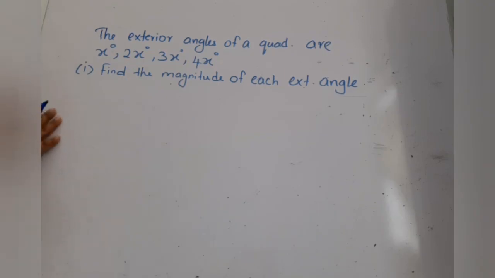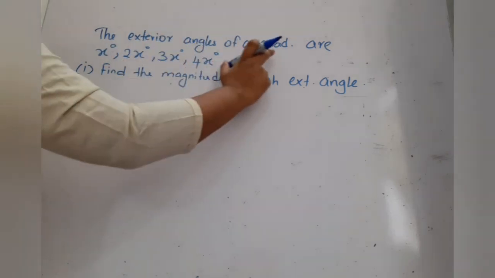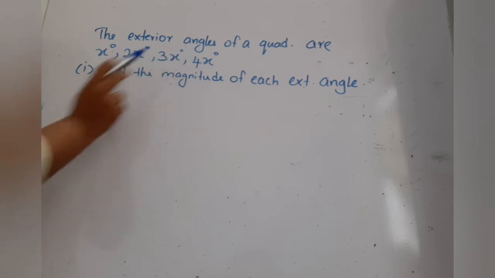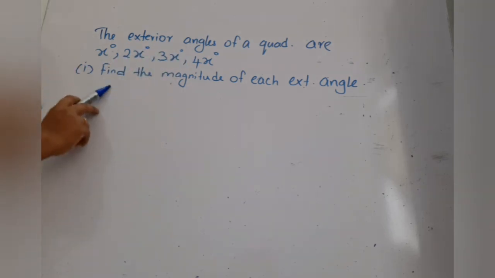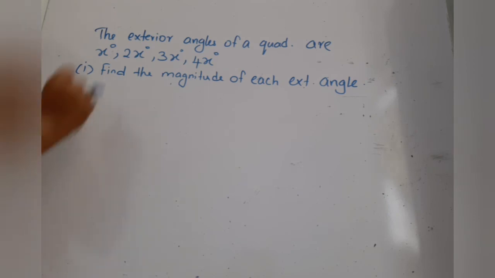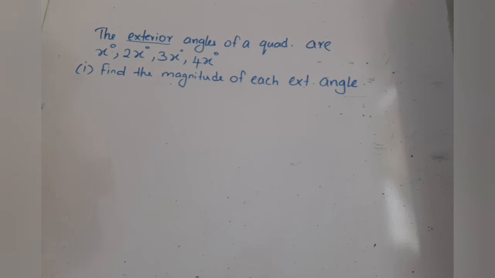So this is another question extracted from your textbook, which is: the exterior angles of a quadrilateral are x, 2x, 3x and 4x degrees. Find the magnitude of each exterior angle. As you know, the sum of exterior angles of any polygon is going to be 360 degrees. Am I right?